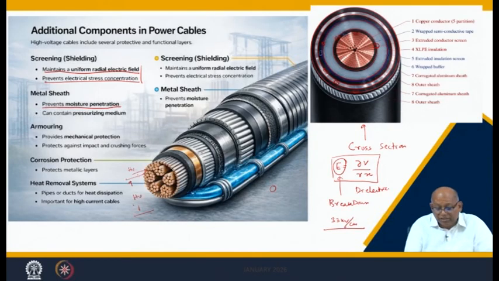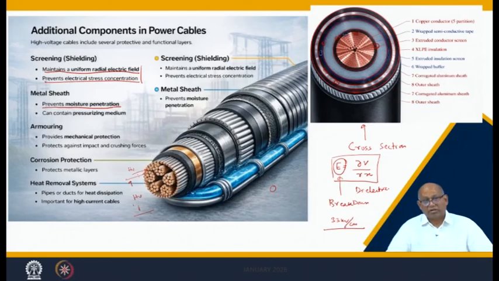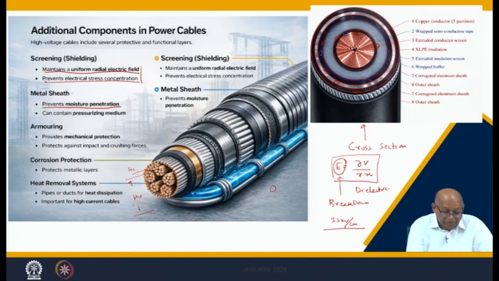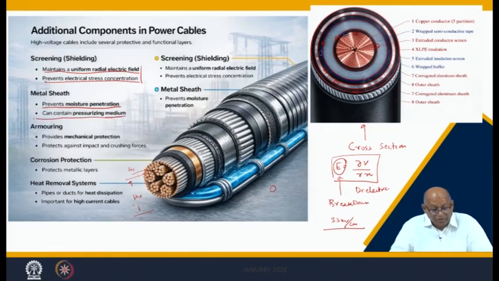Once moisture gets in, it will damage the insulation, because moisture is a conductor. Once it damages the insulation, the cable will fail. Once a cable fails, it is very expensive. First of all, you have to find out where it failed, which is difficult, and second is replacement of the cable. Therefore, to prevent that, you put a metal sheath. It can have a pressurized medium, that means you can also put a coolant there, but we will not discuss that now.